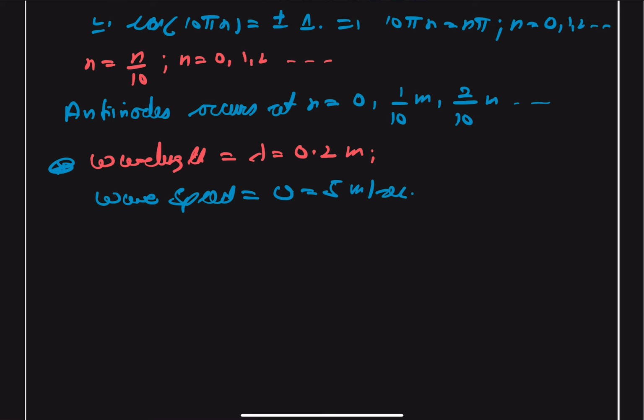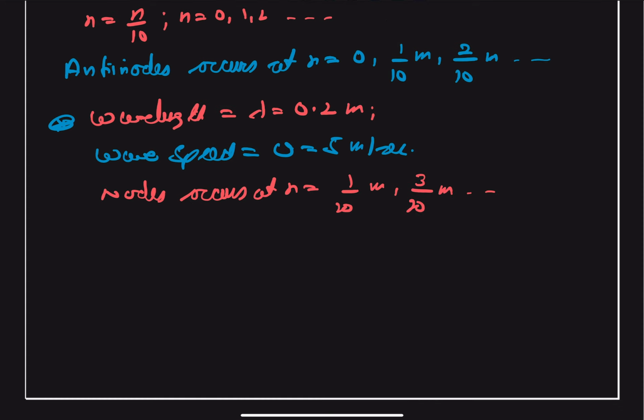Nodes occur at x is equal to 1 upon 20 meters, and next is our 3 upon 20, and so on, and finally we have our antinodes occur at x is equal to 0, 1 upon 10 meters and 2 upon 10 meters and so on.